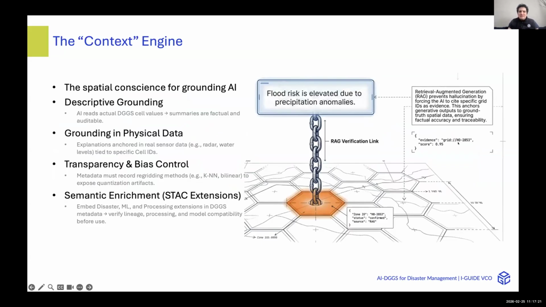So I want to highlight that we tried to ground to the physical concepts. Your AI will know that data that comes from this ID comes from an area, for example, of flooding that is calculated by SAR. So it can provide that information to you, and it will have an understanding of what the data is if the metadata is enough. There is a transparency on this because metadata will provide you the gridding.